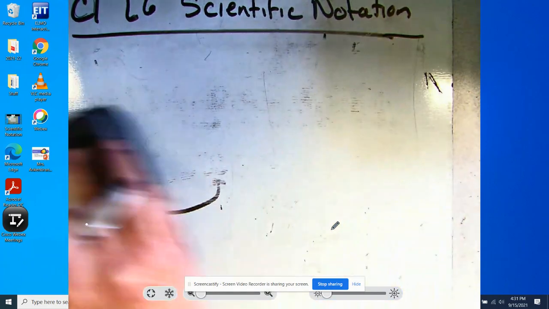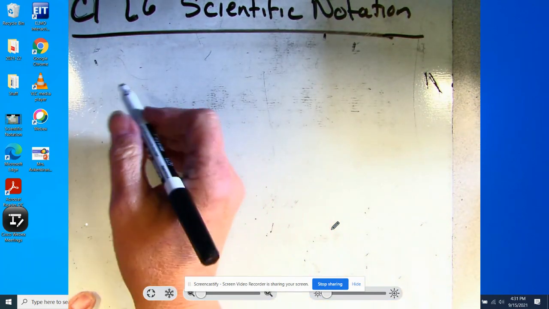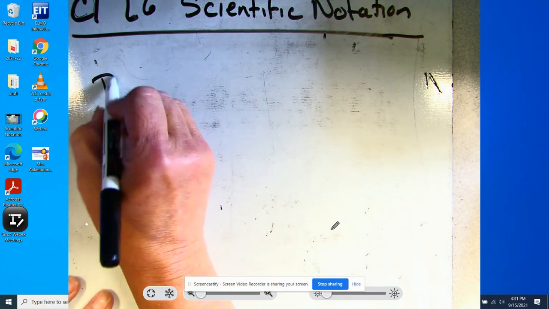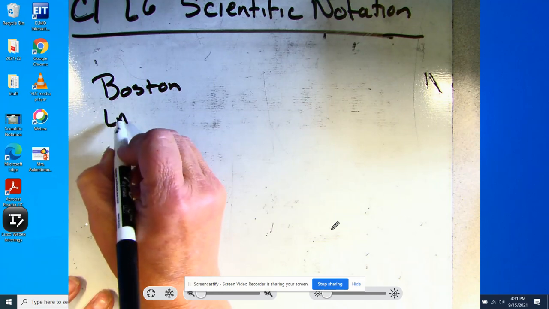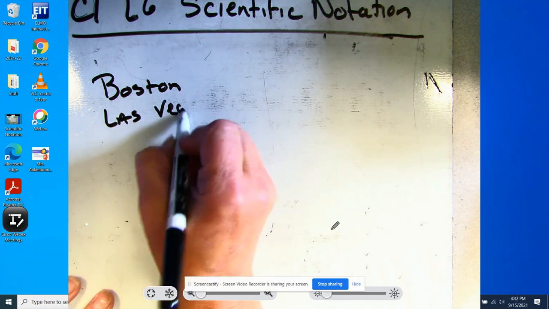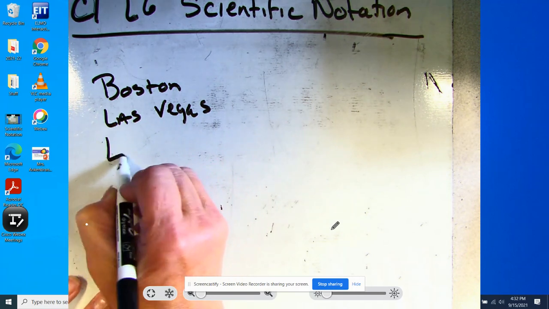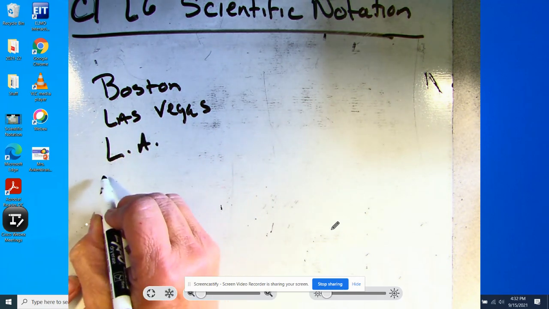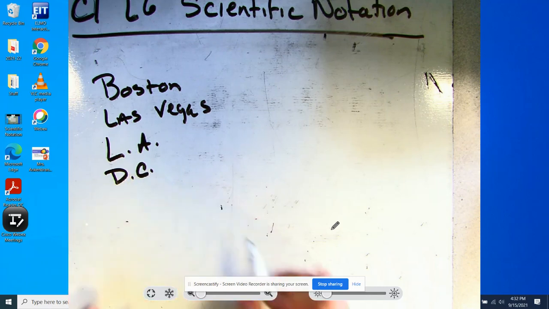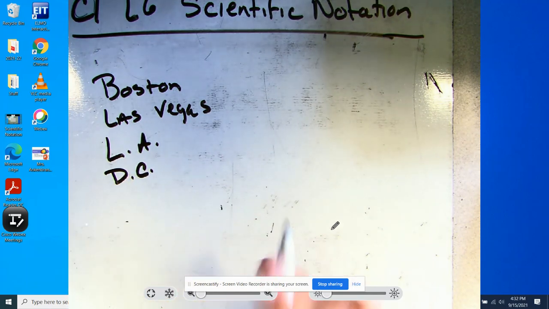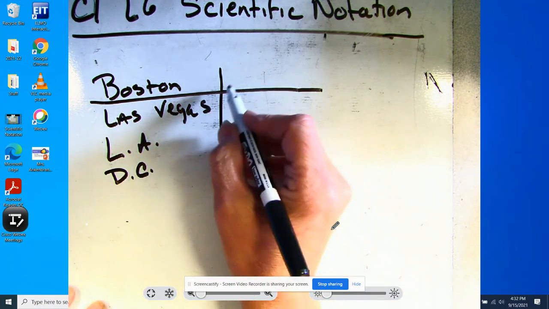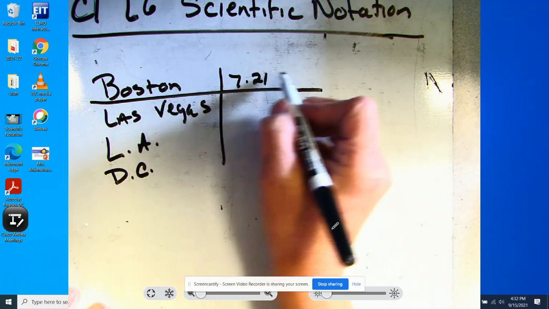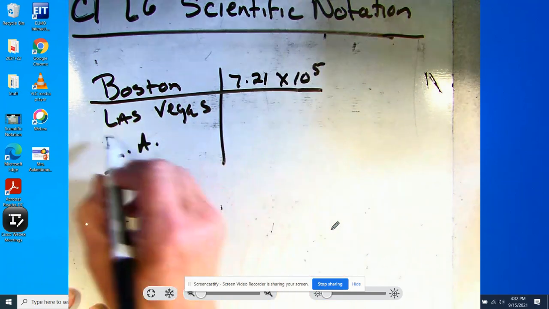If you're asked to put things in order, so for instance, let's say we have some numbers of visitors for Boston, Las Vegas, Los Angeles, and Washington, DC. In this case, Boston on a yearly basis will have 7.21 times 10 to the power of 5 visitors.